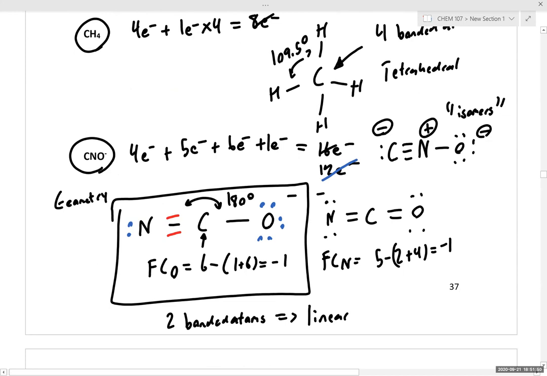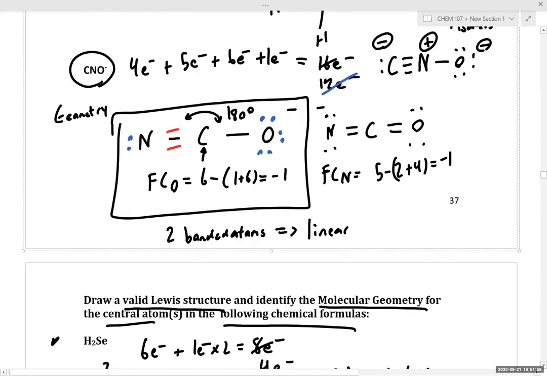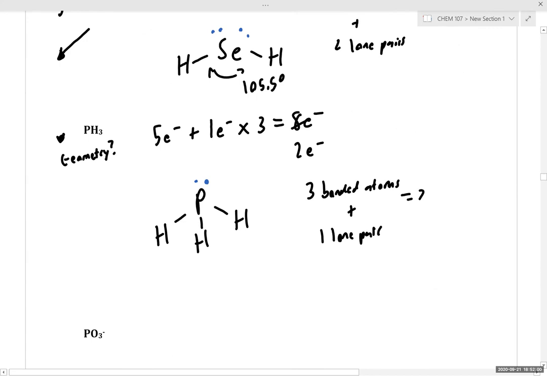Trigonal pyramidal. Yes, exactly right. We have 3 bonded atoms, 1 lone pair. That's a trigonal pyramidal geometry. Does this example make sense to everyone?